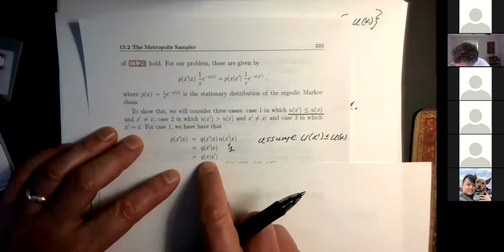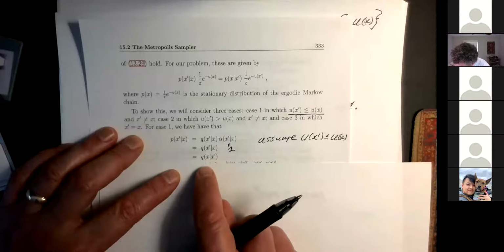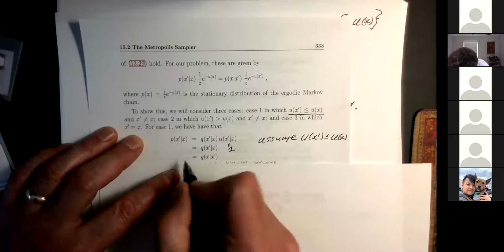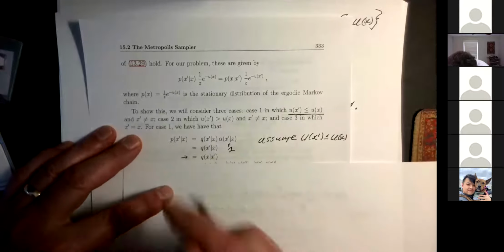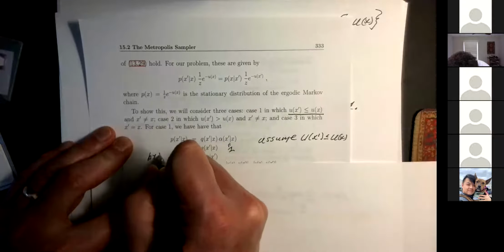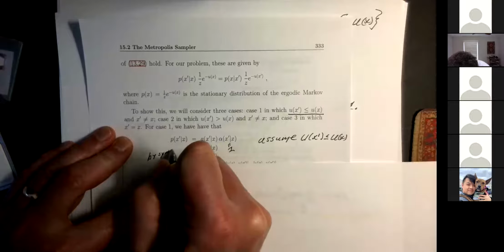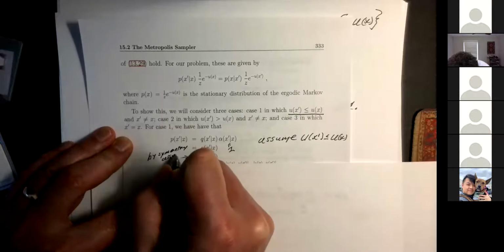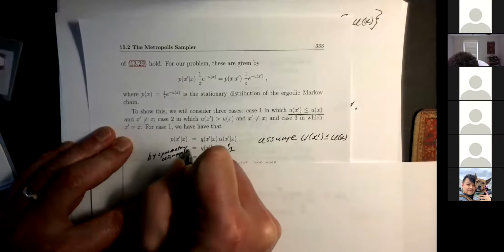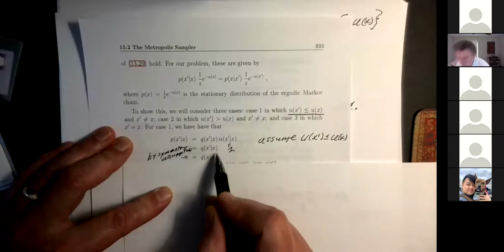This is by the symmetry assumption. So we assume that these two things are equal.